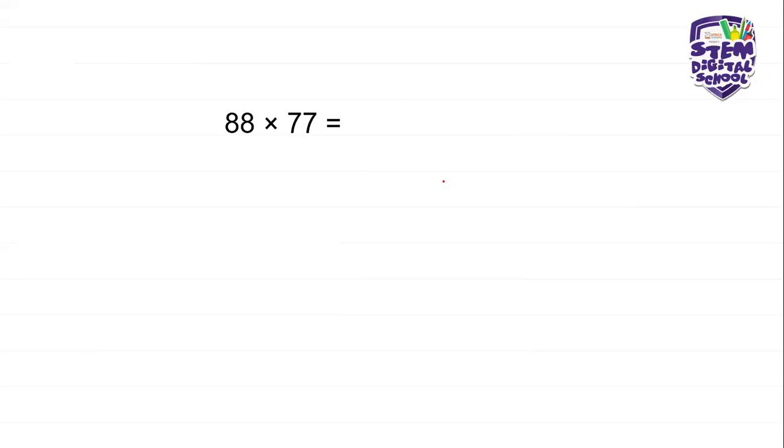I'll give you 5 minutes to try this one, using both methods and seeing if you get the right answer. So 2.5 minutes is for the first method that I showed you, and the other time is for the second method. Try both methods.